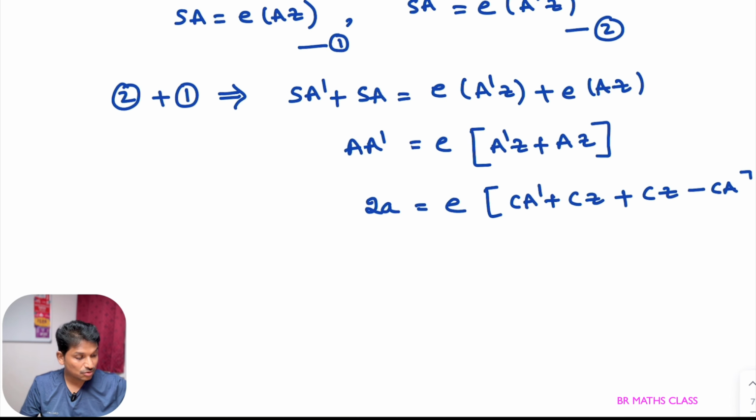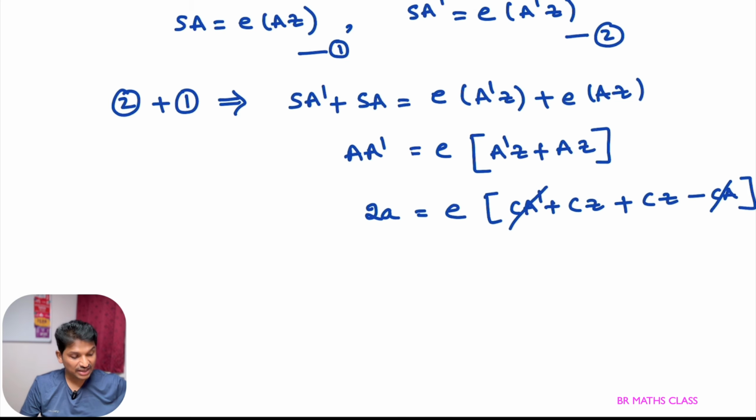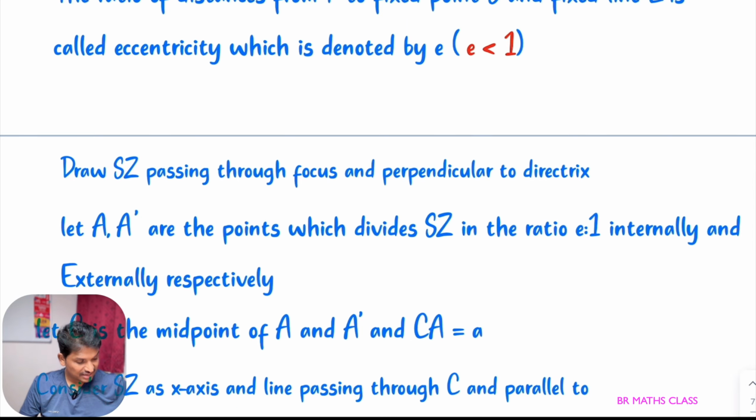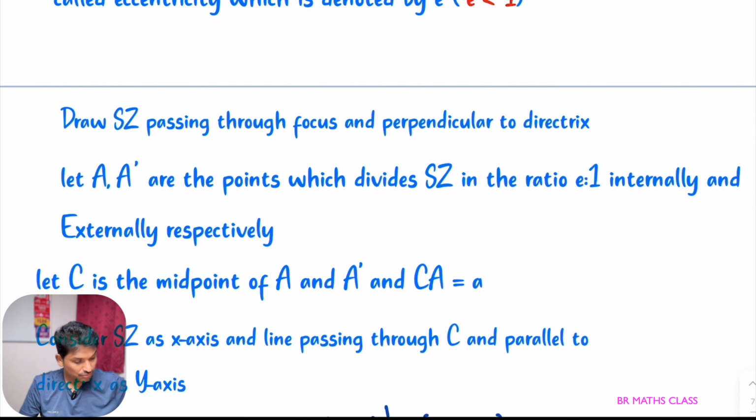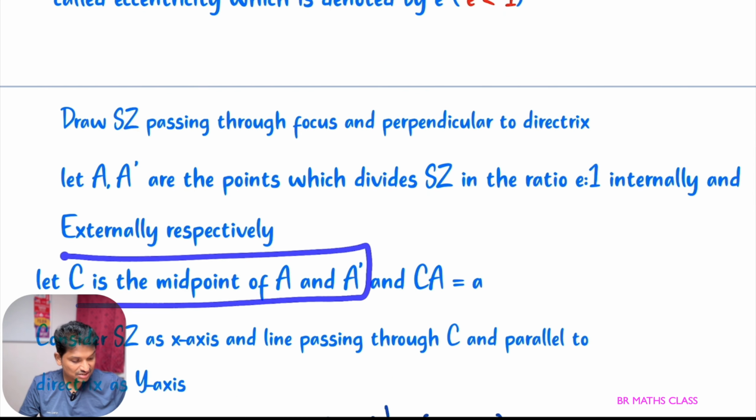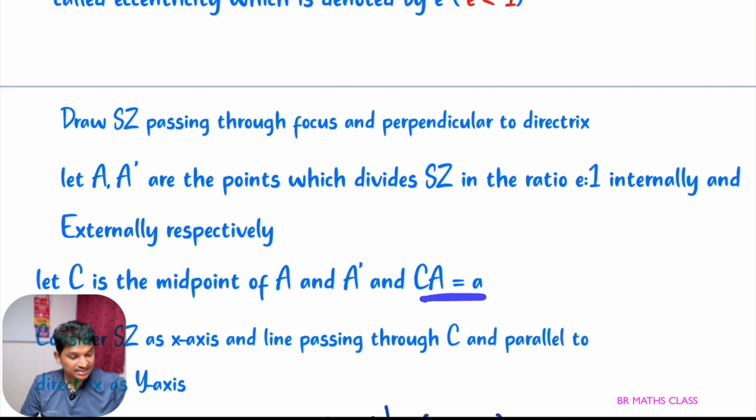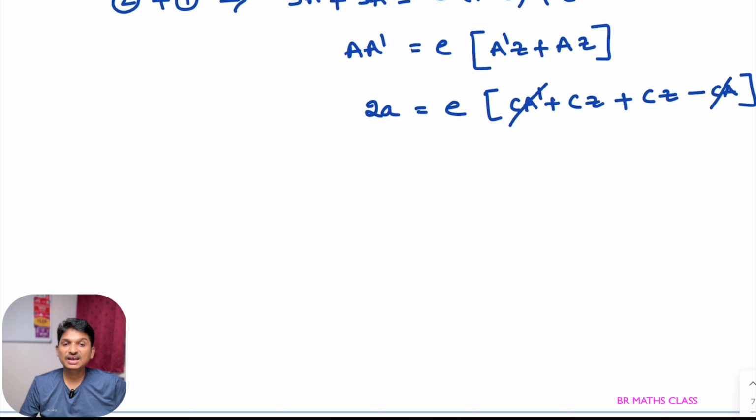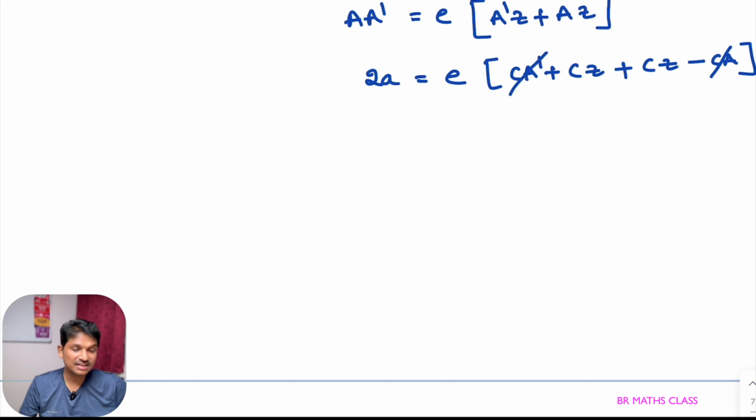Now you observe, CA and CA dash both will get cancelled. Why? Look here, we took C as the midpoint of A dash, and we took CA as A. If C is the midpoint of A dash, we can say that CA and CA dash are both the same, so they will get cancelled.